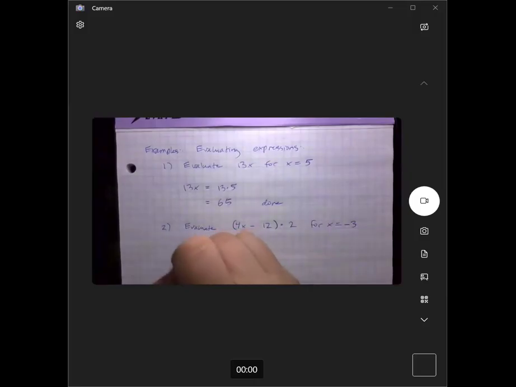So we take 4x minus 12, multiply everything by 2, and we're going to replace the x with the -3, so it becomes 4 times -3 minus 12, all multiplied by 2.